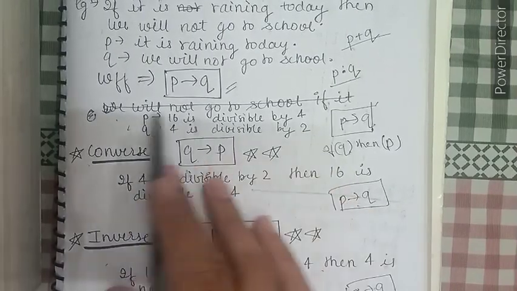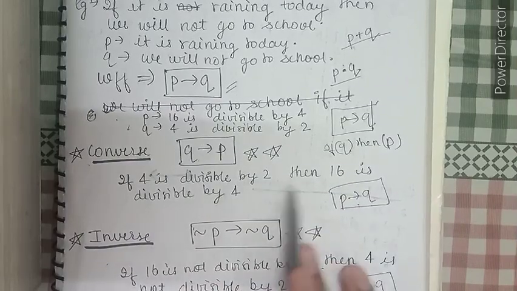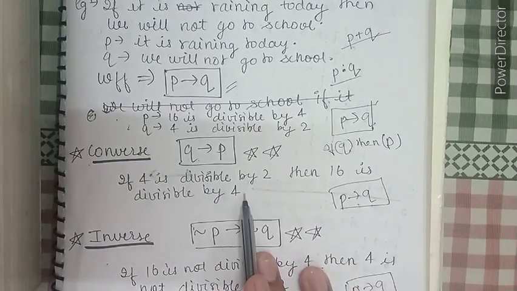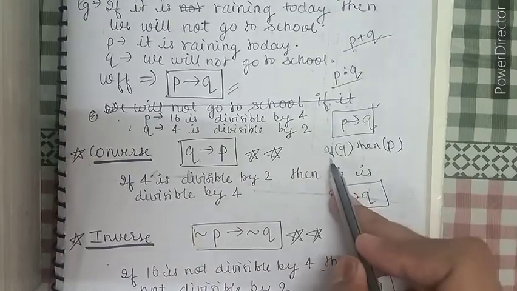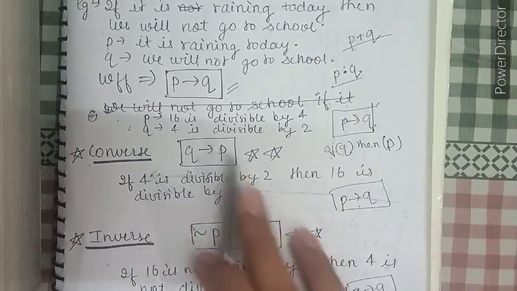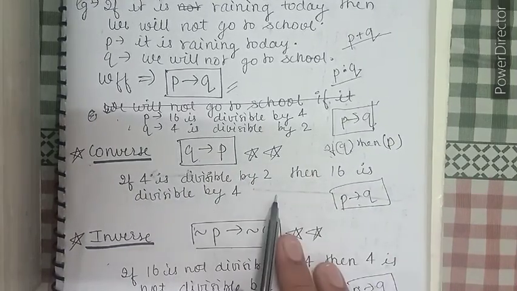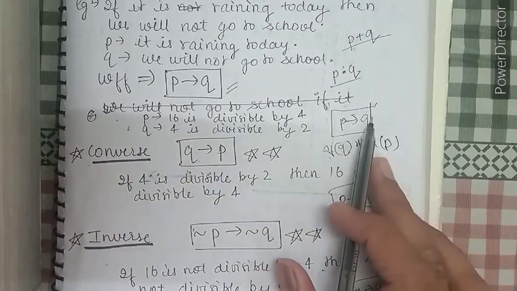Now the converse is: if 4 is divisible by 2, then 16 is divisible by 4. Here Q comes first, so Q goes with the if part and P goes with the then part.